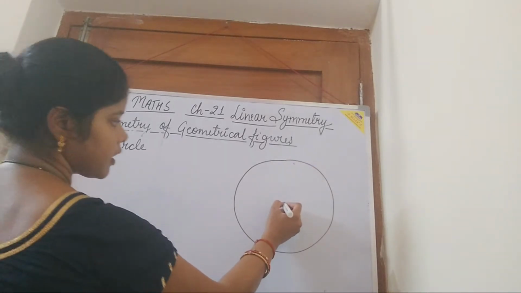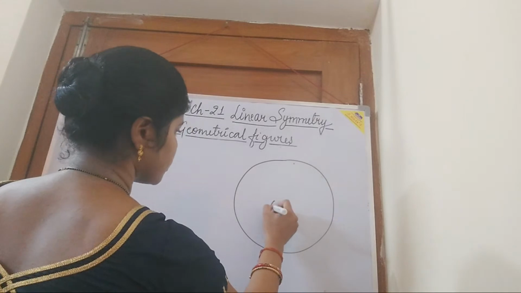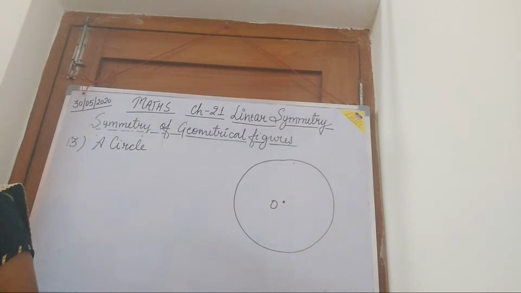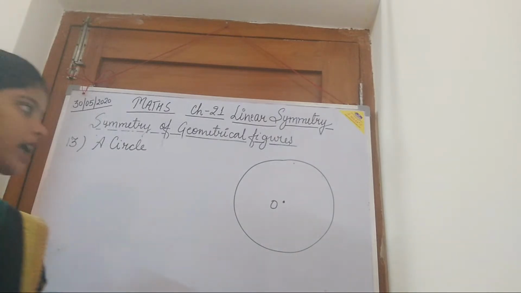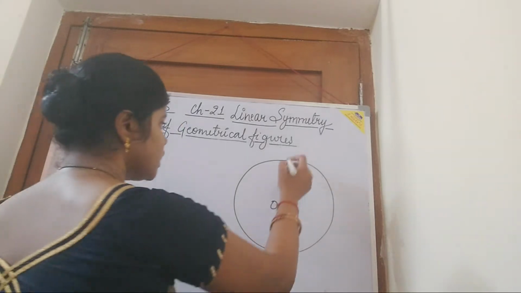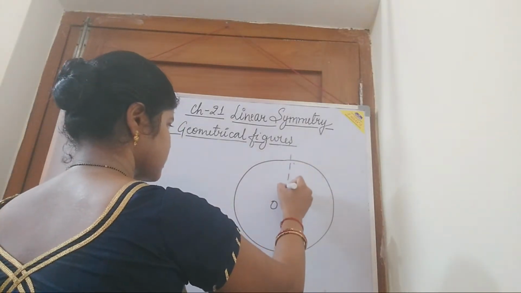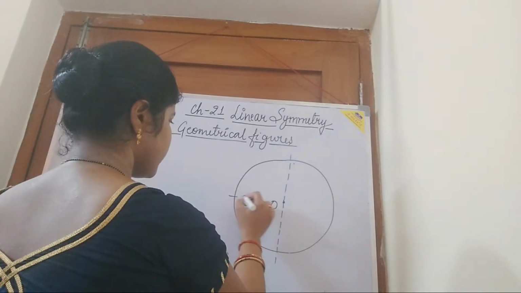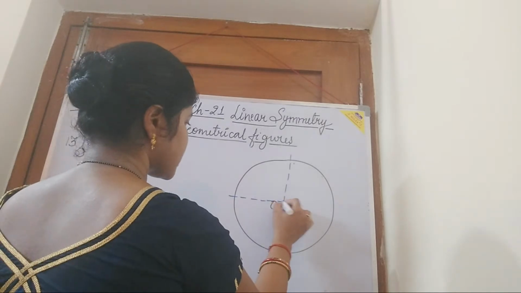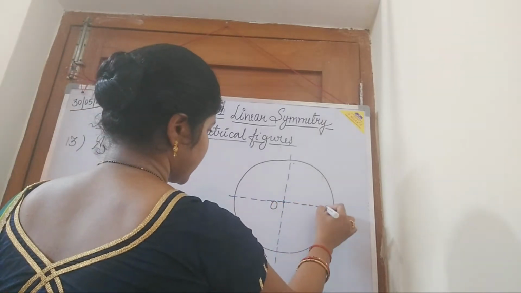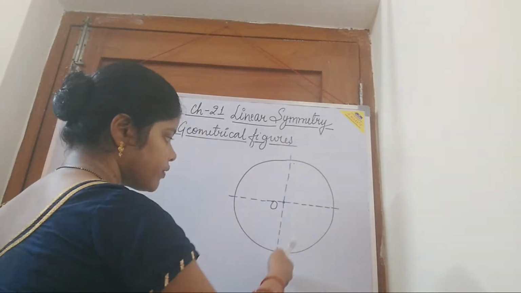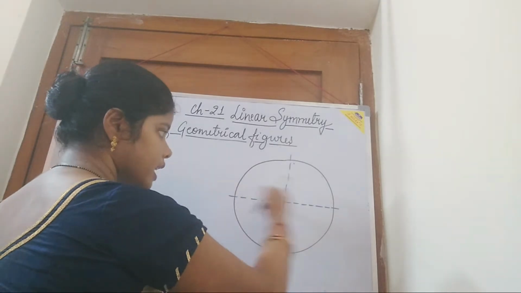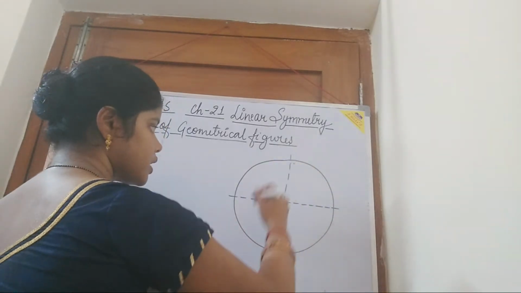And name the center as O. So how many lines of symmetry does a circle have? A circle has infinite lines of symmetry, because when we draw a line of symmetry which passes through its center, it divides the circle into so many identical parts. The vertical line of symmetry divides the circle into two identical parts. The horizontal line of symmetry also divides the circle into two identical parts.